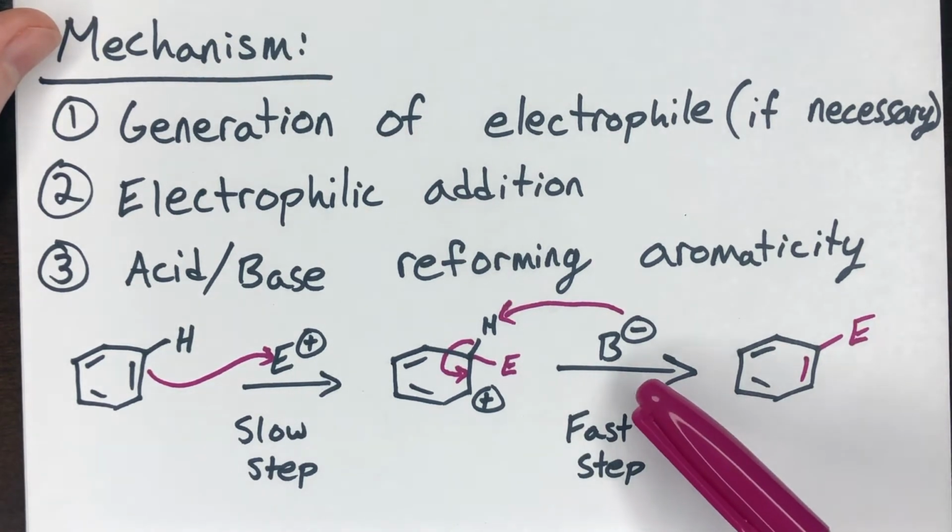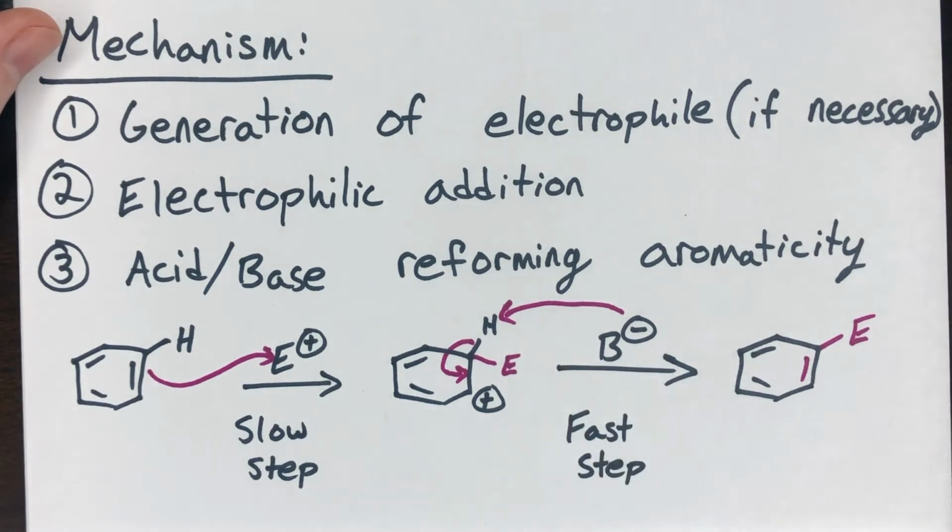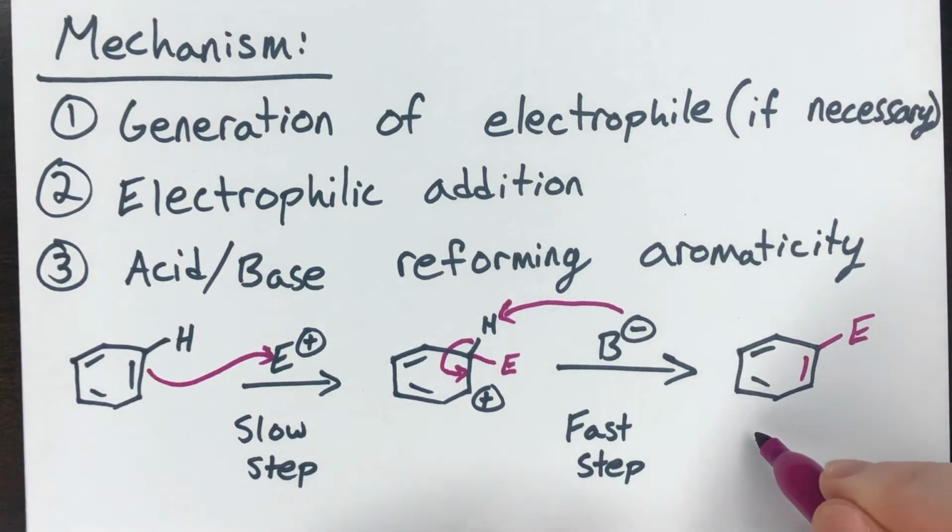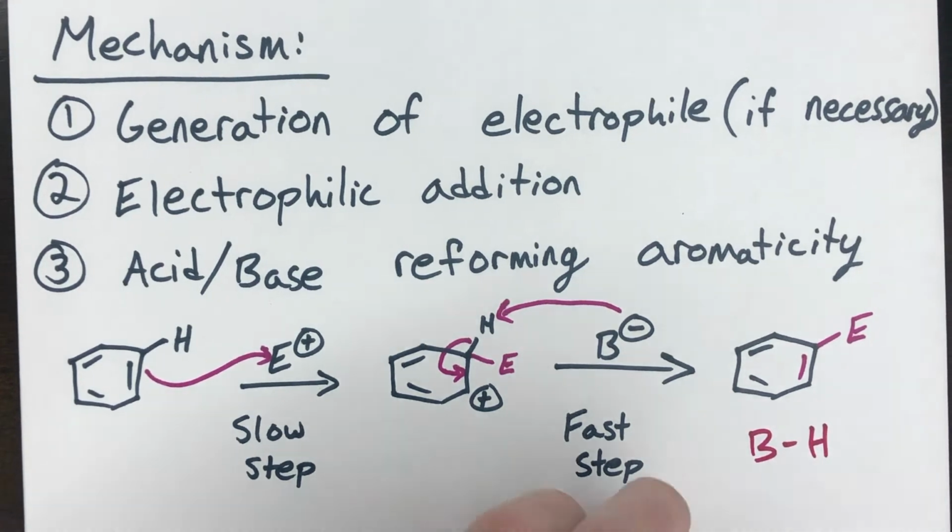So this base will form a bond to the hydrogen, simultaneously cleaving that bond to the carbon to form the carbon-carbon double bond, which reforms the aromaticity. A byproduct here that I haven't drawn is the base bound to the hydrogen. Again, the identity of the base will determine what BH is.